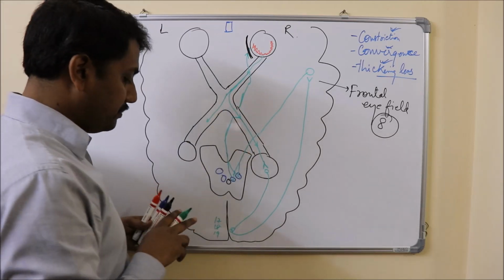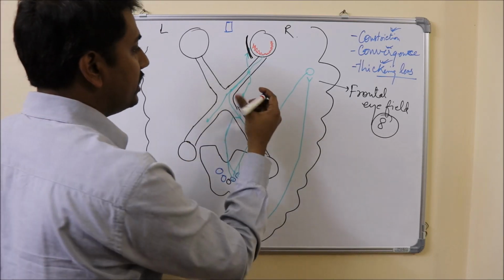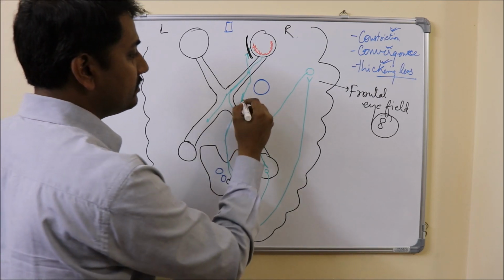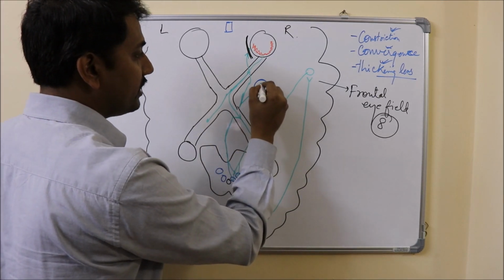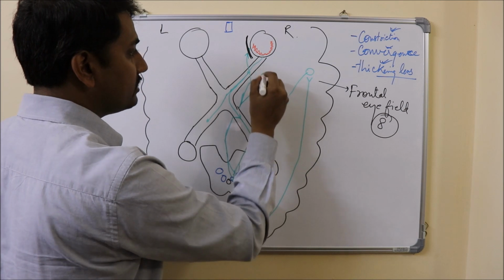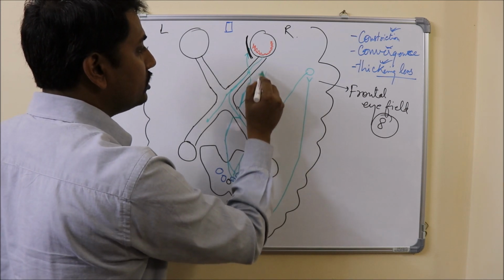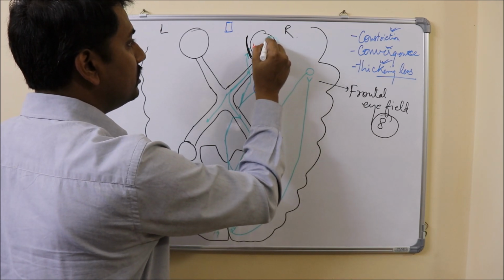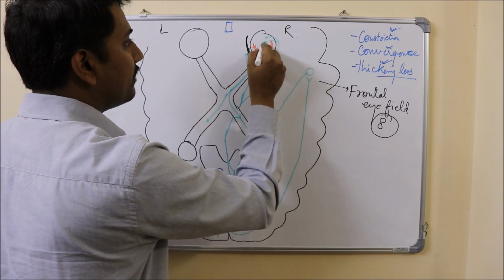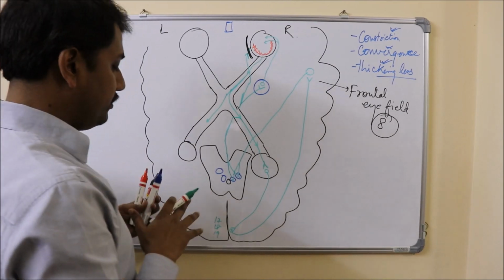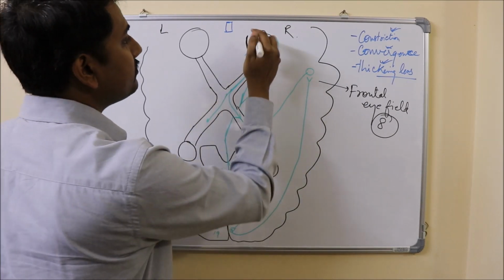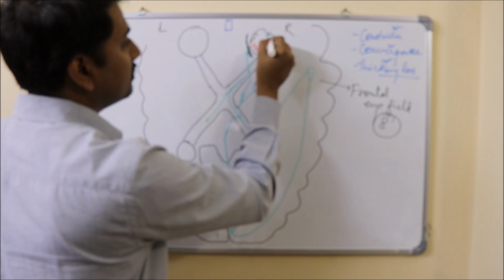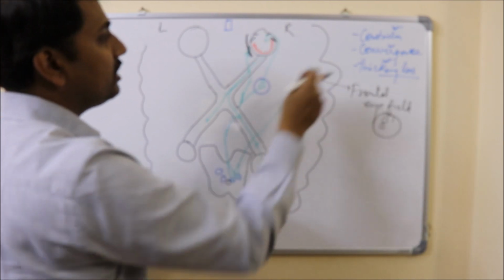The parasympathetic component will first relay into a ganglion known as the ciliary ganglion, and through the ciliary ganglion the postganglionic fibers will arise and will go through the short ciliary nerves and then relay into the two intrinsic muscles of the eyeball, that is the sphincter pupillae muscle as well as the ciliaris muscle, which causes thickening of the lens.